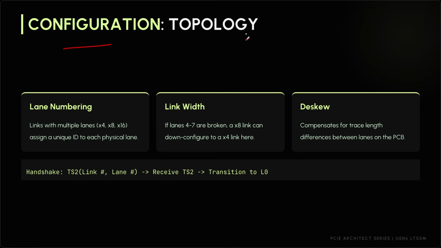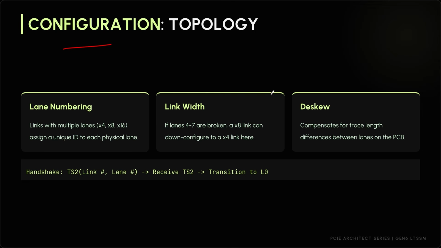For example, if an 8-lane link has 4 damaged lanes, LTSSM may downgrade operation to 4 lanes only. This flexibility makes PCIe extremely robust. Once configuration completes successfully, the link is ready for real communication.